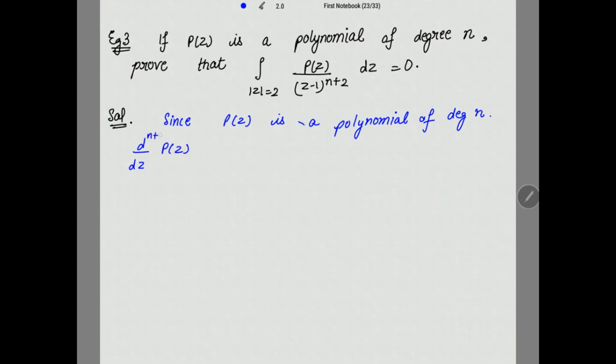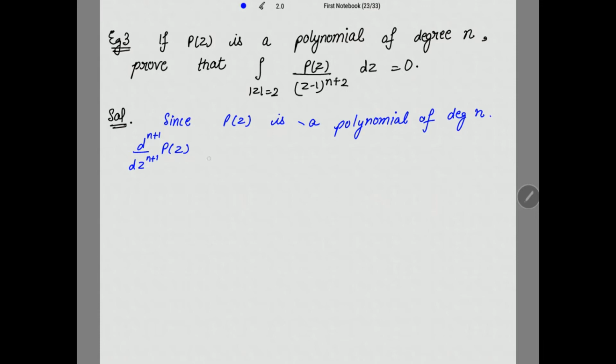N plus 1th derivative. Because if you are having power 2 here, we have to find the first derivative. If the power is 4 here, we have to find the third derivative. Just one less. If you are having the power n plus 2, then we have to find the n plus 1th derivative.